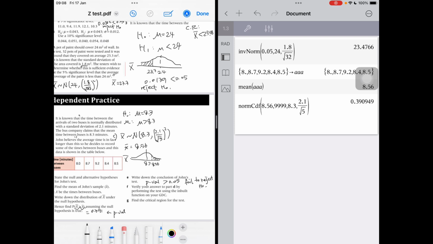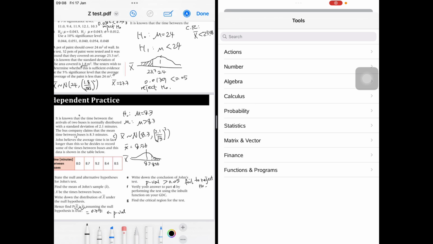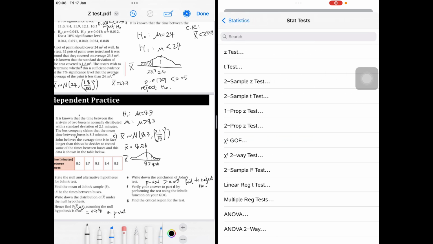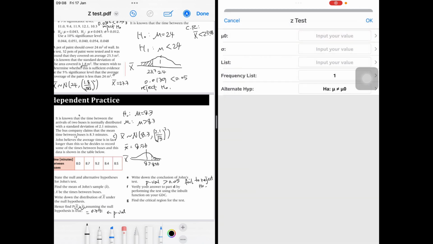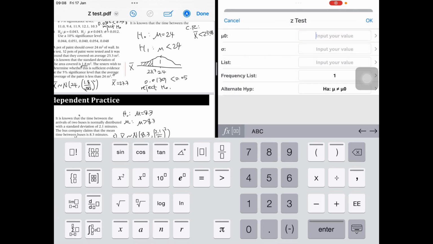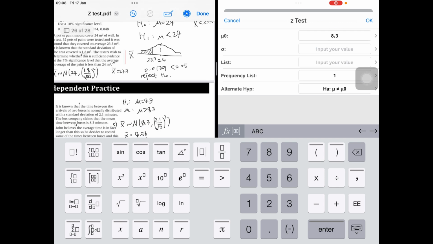Okay, let's do the test. Go to statistics, stat test, and z-test. We have data AAA, and mu 0 is 8.3. This sigma is the population sigma, not the 2.1 over square root of 5.